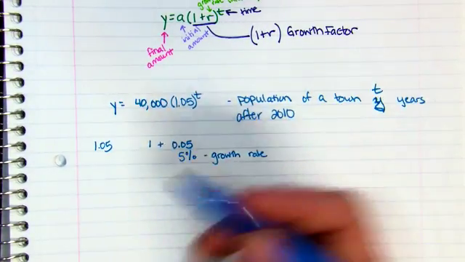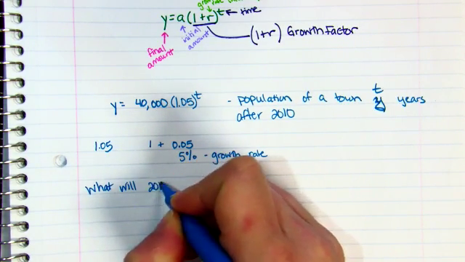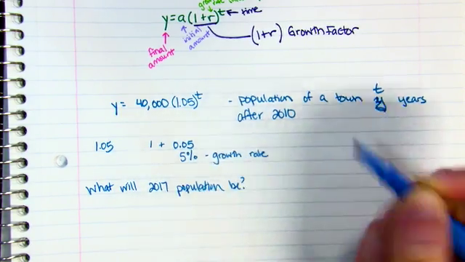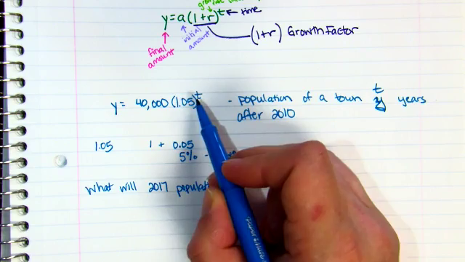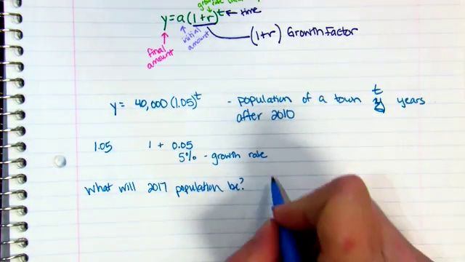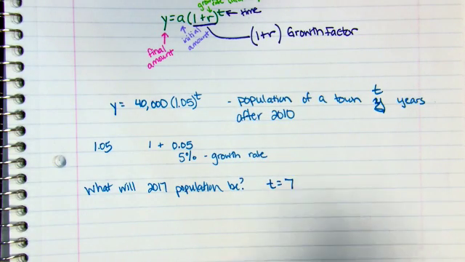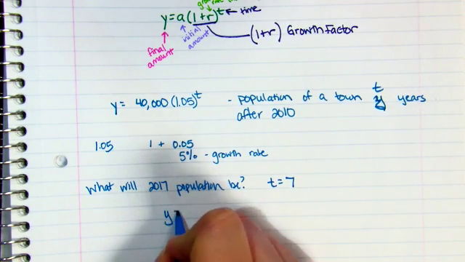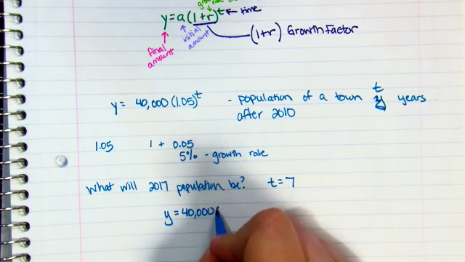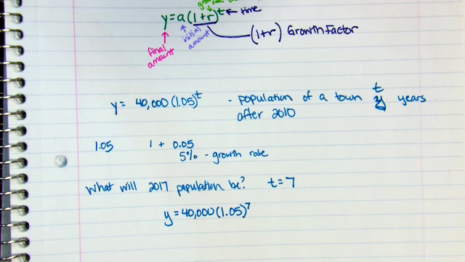My next question is, what will the population be in 2017? It can be tempting to plug in 2017 for t, but remember t represents the number of years after 2010. So that means t equals 7. So I have y equals 40,000 times 1.05 to the 7th power.